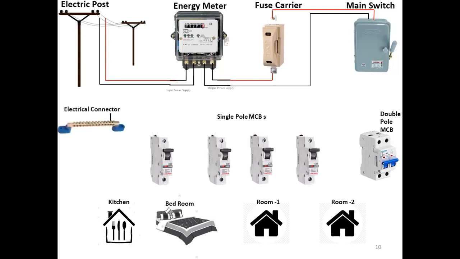Then we have an electrical connector, a brass electrical connector, in your distribution board. So what parts are in your distribution board? This electrical connector, four single pole MCBs and one double pole MCB. This whole setup is available in your distribution board. It is not only four; it depends on your home.